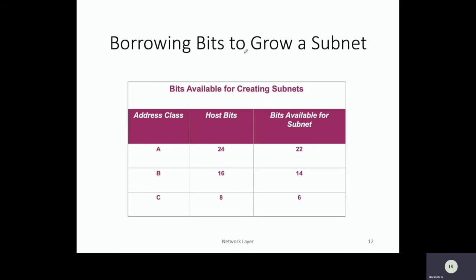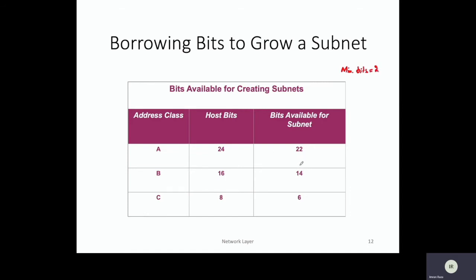For example, if I talk about class A, how many bits are there in the host portion? Yes, we have 3 octets for the host portion, meaning we have 24 bits in the host portion. So how many bits can we borrow? At max, we can borrow 22 bits. And the minimum number of bits that we can borrow is 2.